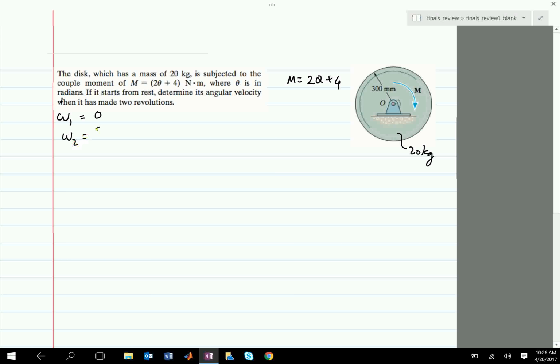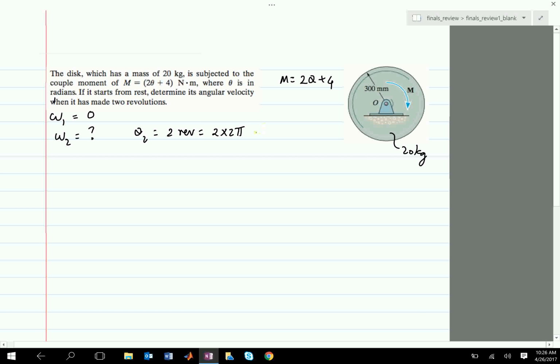Find the angular velocity when it has made 2 revolutions. So theta 2 is 2 revolutions, which is 2 times 2 pi. One revolution is 2 pi radians, so 4 pi is the angle turned, and theta 1, the initial angle, is 0.